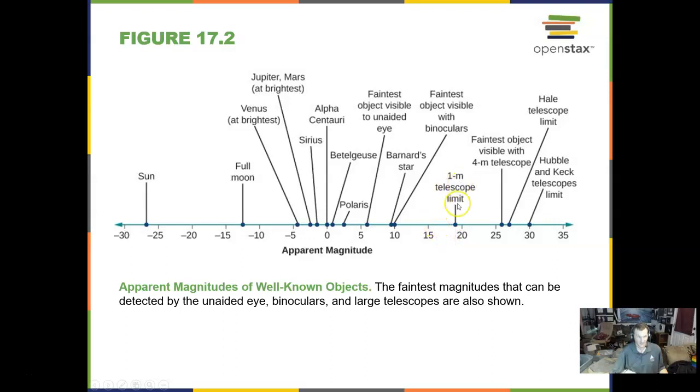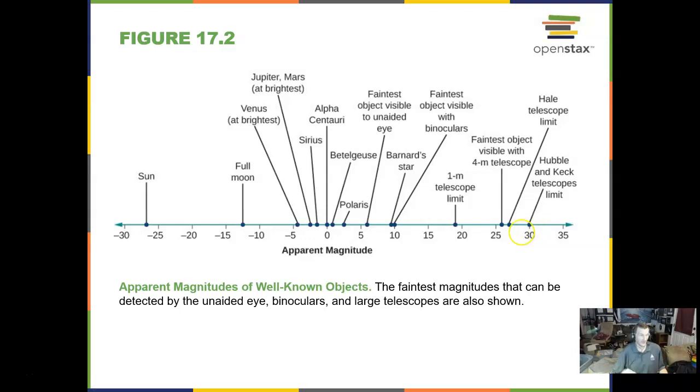A 1 meter telescope is about 19th magnitude. For comparison, the faintest stars you can see with your eyes is about 5th, maybe 6th magnitude. And we go all the way down to our Hubble telescope, you can see 30th magnitude.